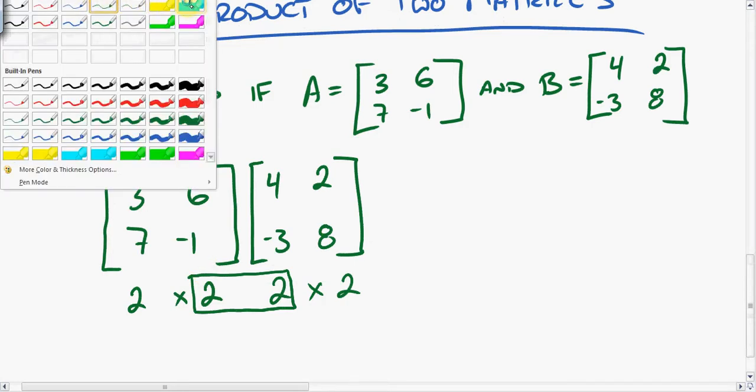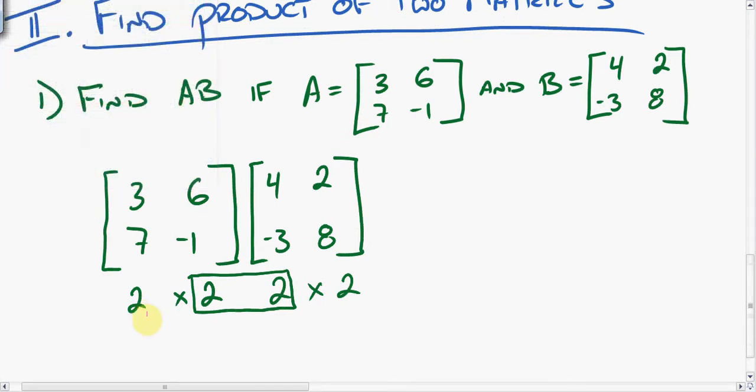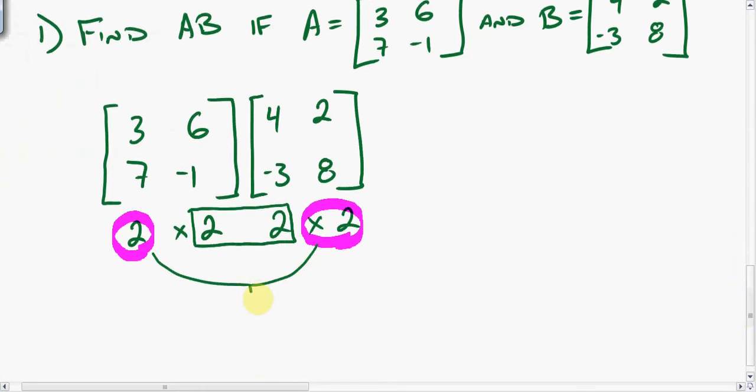Now, the two outside numbers, 2 and in this case 2, tell you the size of the product, which is your answer matrix.